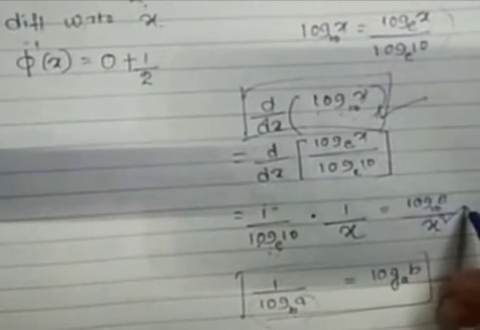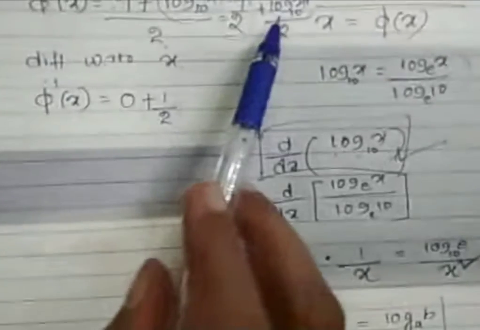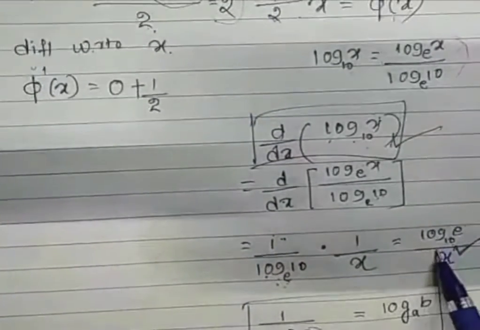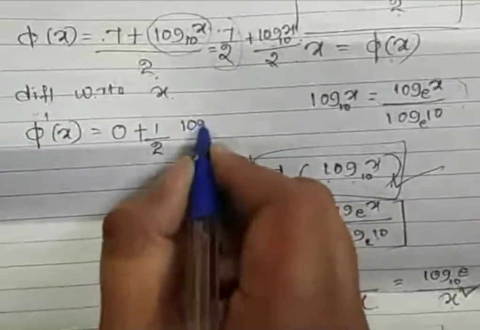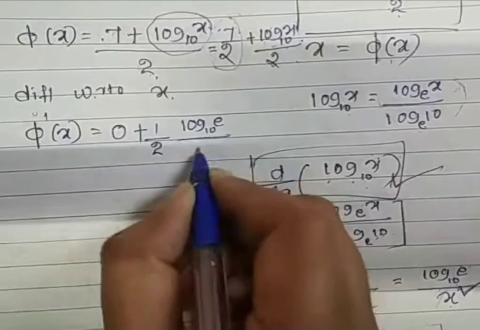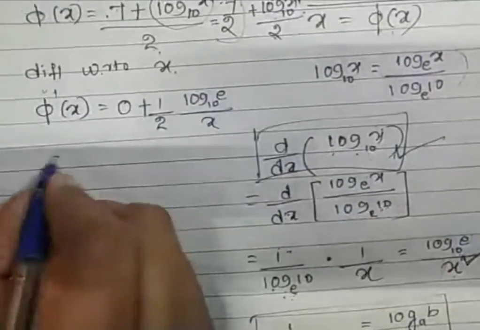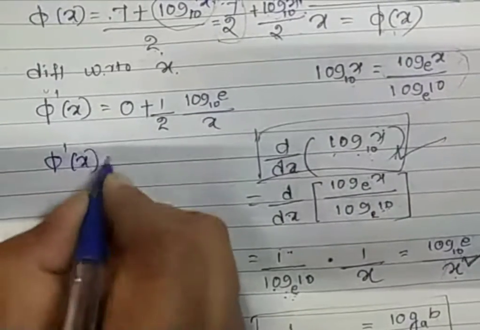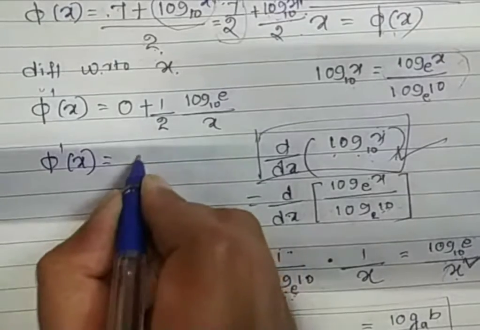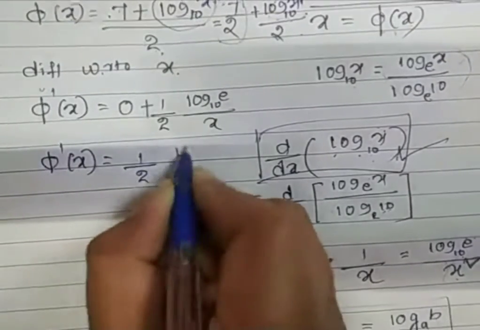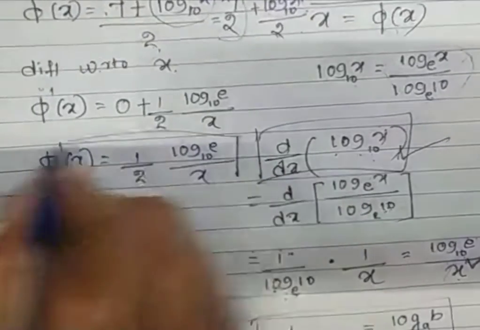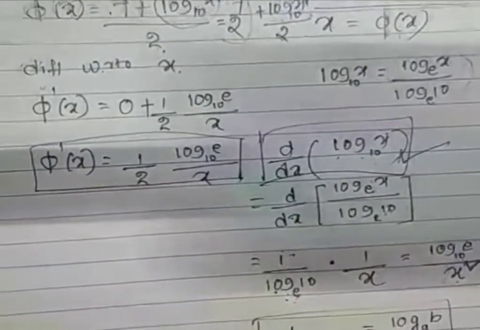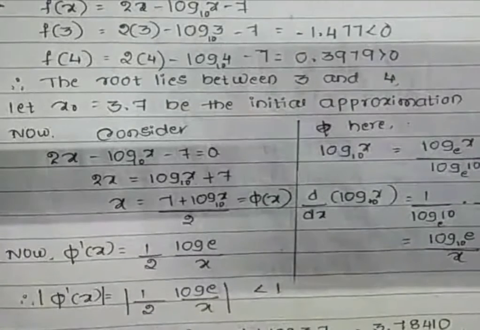We have calculated it already, that is log e to the base 10 divided by x. Therefore, the required pi dash of x is 1 divided by 2 log e to the base 10 divided by x. So this is the required pi dash of x in this example.